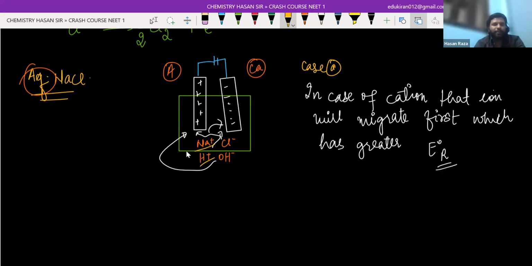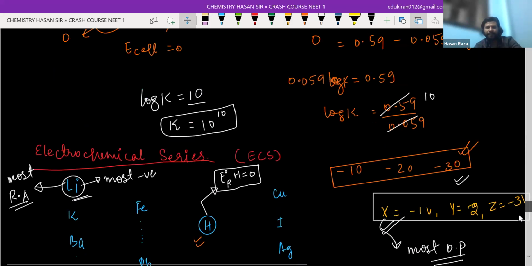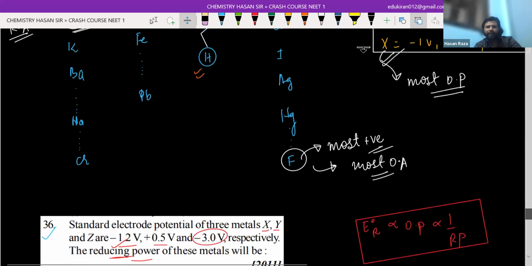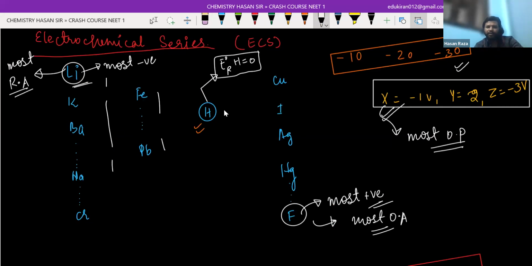You know that Na plus is negative, because in the ECS series, if you look in the NCERT, I started from lithium and you can see the negative value will decrease, and here the value of E naught R will be 0 and then positive started. So sodium is here, which is negative, and hydrogen is 0.